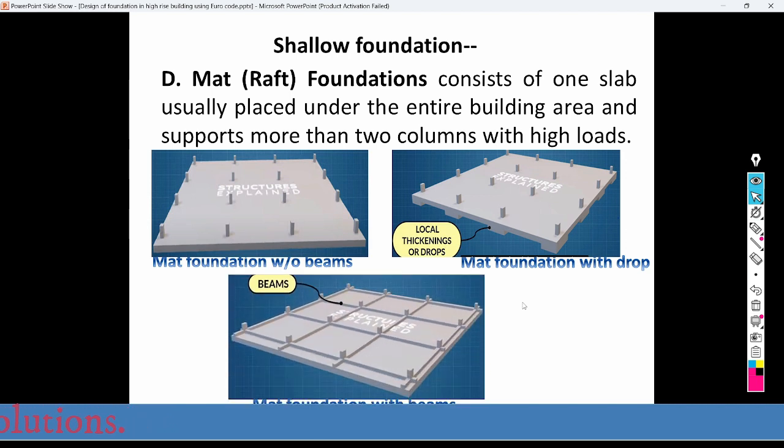And the other is the mat foundation with beams or stiffeners. We have stiffeners in the X and Y directions. Those stiffeners provide more stiffness to the mat slab in order to resist the higher soil pressure induced under the mat slab.